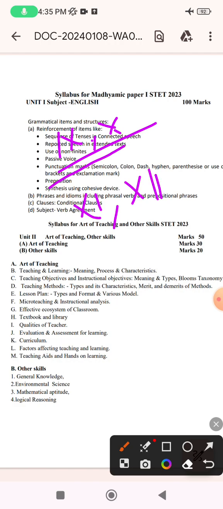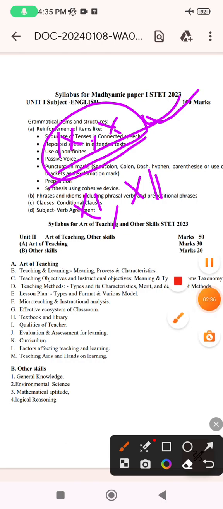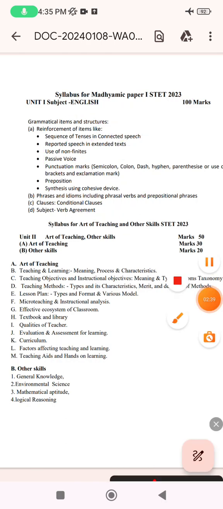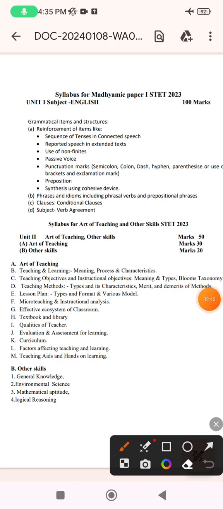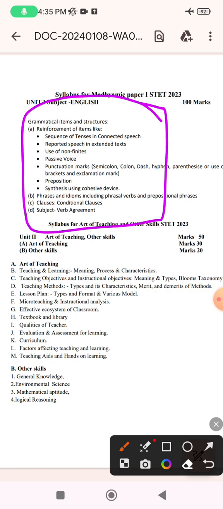So we will discuss the English subject for classes 9 to 12. Here you can see there is no literature, no rhetoric, no figures of speech, no literary devices or literary terms to read. You have only the grammar part, 100 marks.